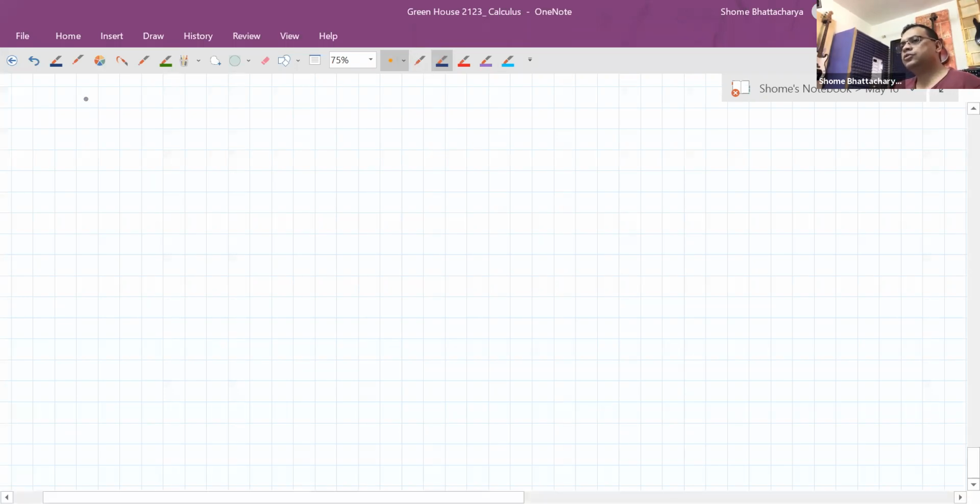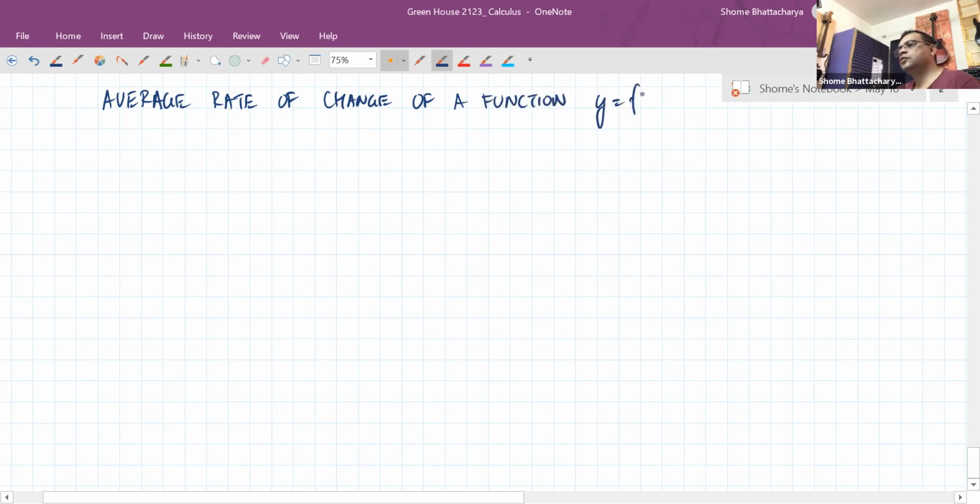Okay, now let's come to the next concept, which is average rate of change of a function. The whole business of rate of change is the main part of what we have to learn with calculus. So what do we mean by this term?